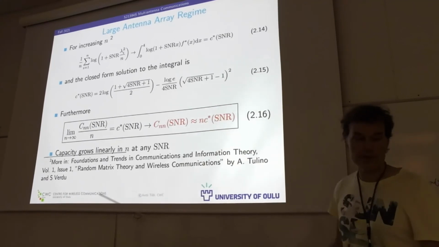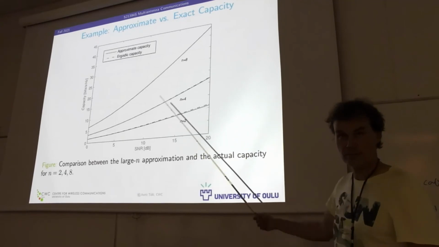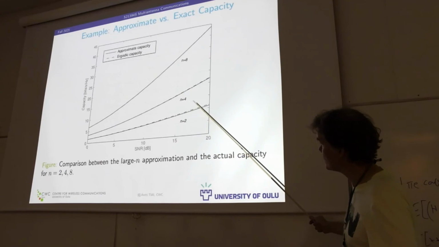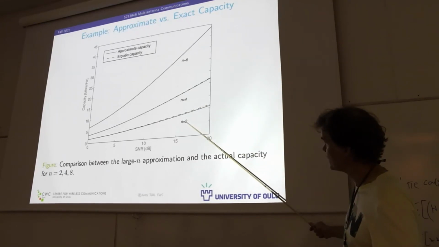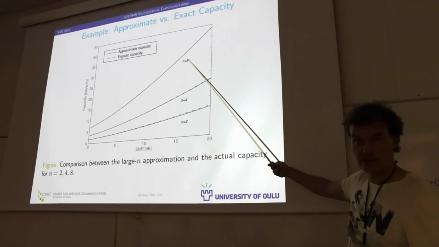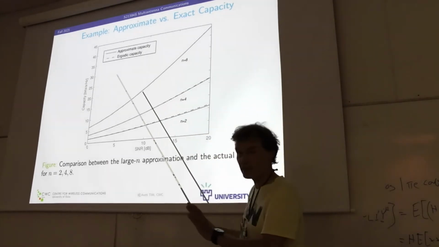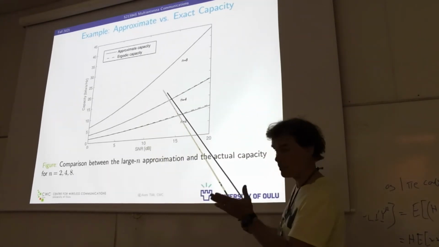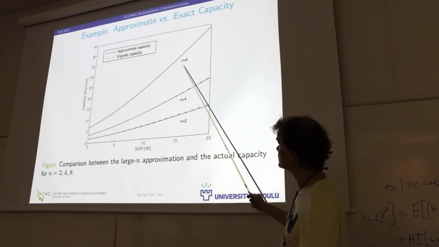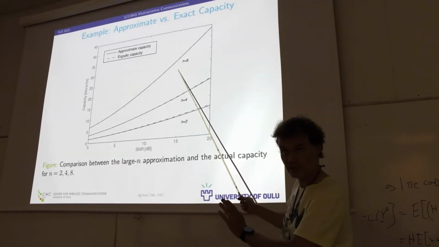Now you can use this value with some finite values. Here we have simulated with n equals 2, 4, and 8. You can see that with 8 transmit and receive antennas, for the expected ergodic capacity, averaged over a large number of channel realizations, you cannot really distinguish between the approximation and the actual ergodic capacity.